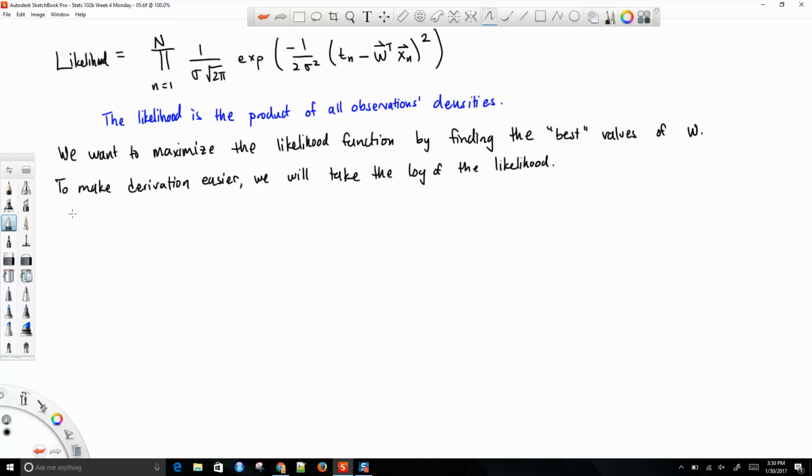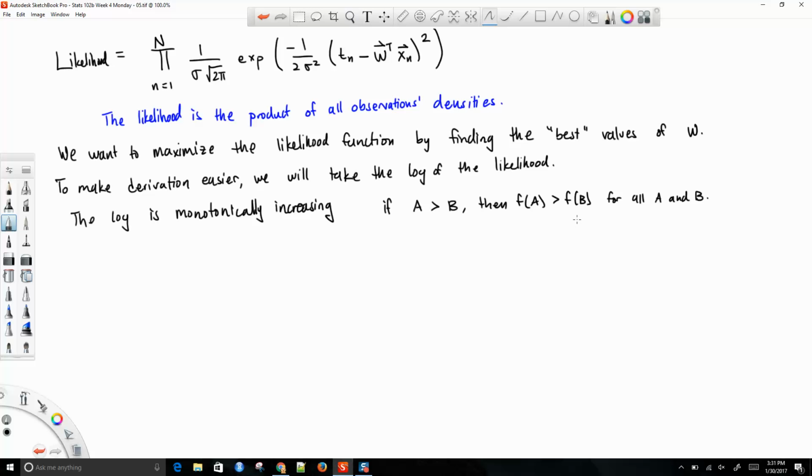The log is monotonically increasing, which basically just means if A is greater than B, then f of A is greater than f of B for all A and B. That's what monotonically increasing means. So the values that maximize the log likelihood will maximize the likelihood.